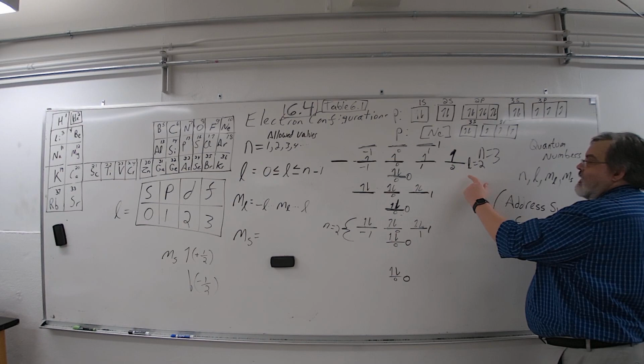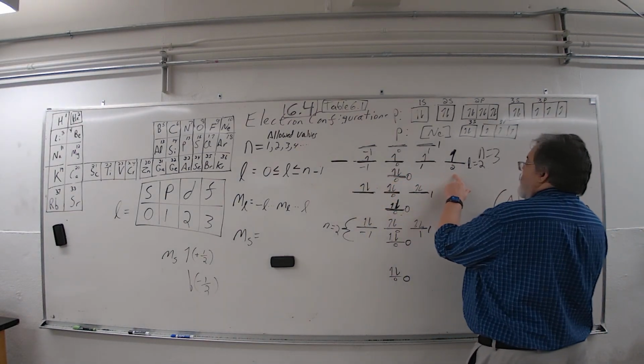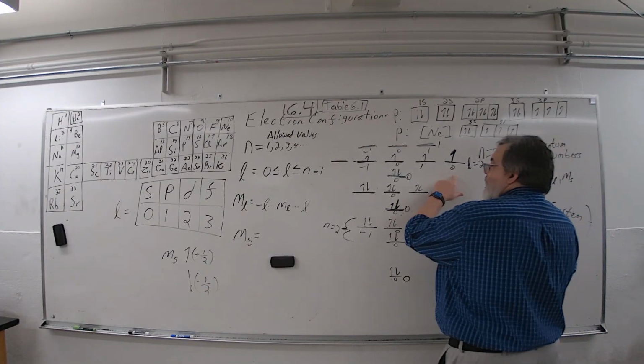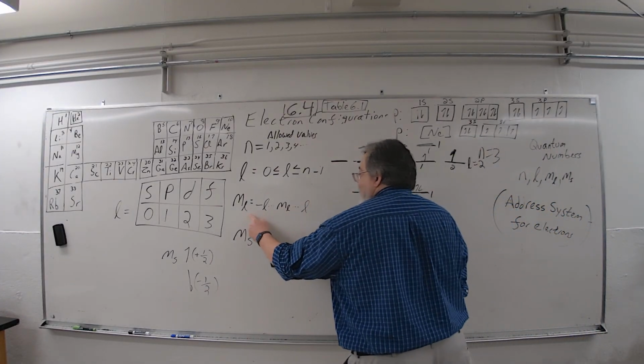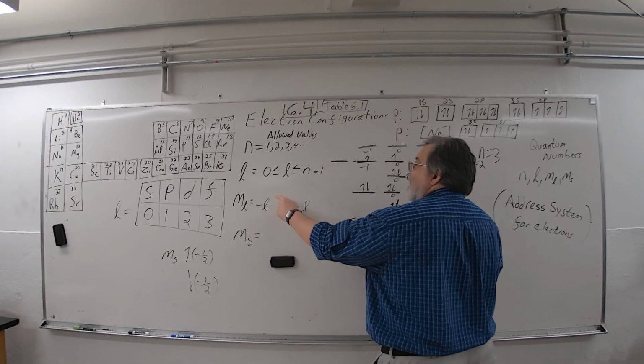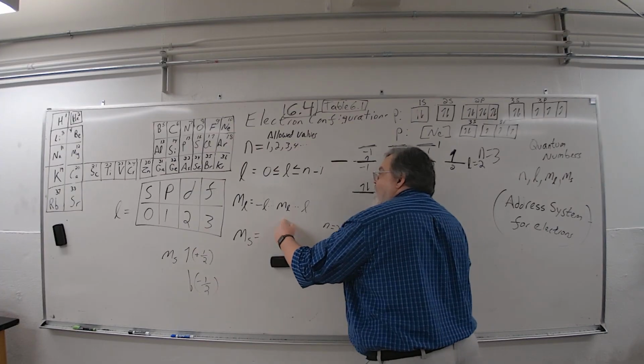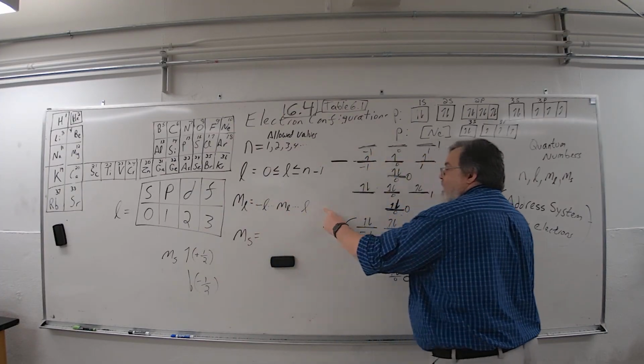So n equals 3, L equals 2. My possible values are from 2, which is my L number, all the way down to negative 2. So this is saying negative L up to L. Whatever L is, your possible values for m sub L are negative L up to positive L.